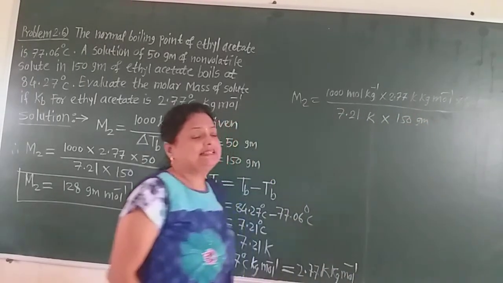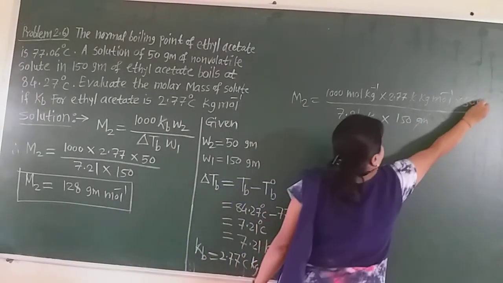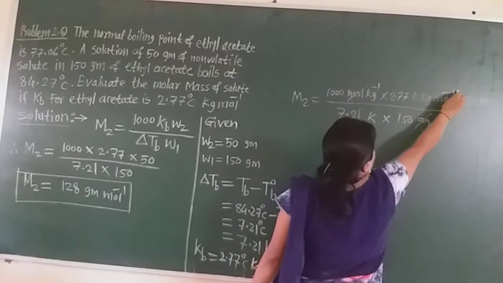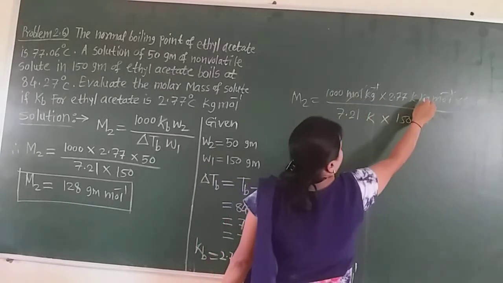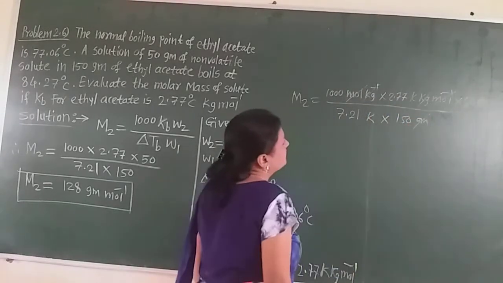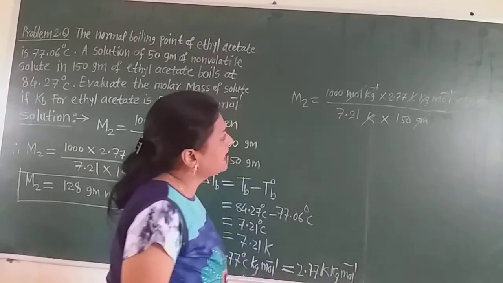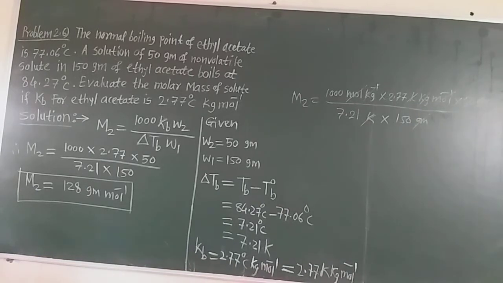Now after cancelling the similar units, gram and gram get cancelled. Here is mole, and per mole is given there. Again kilogram gets cancelled. This Kelvin you can cancel. Now what remains here?